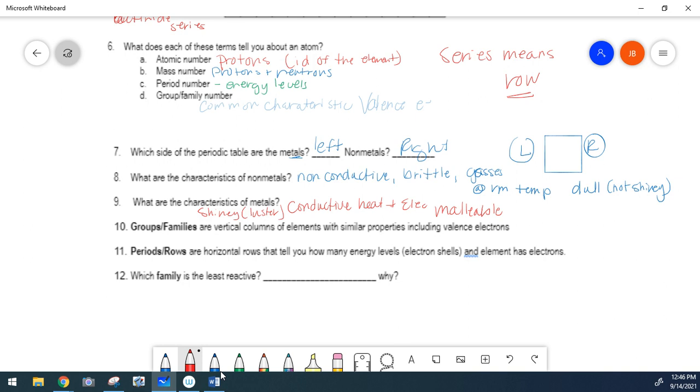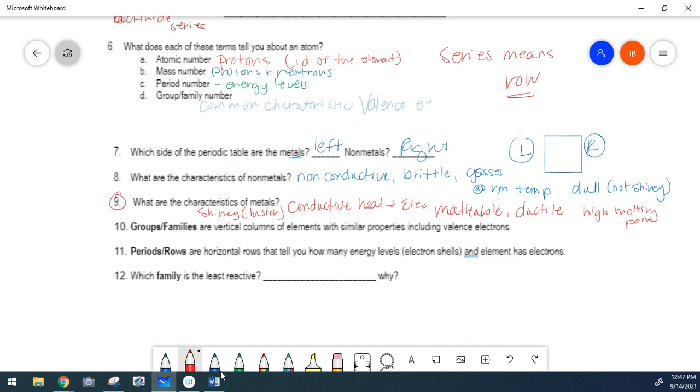Remember, they can be shaped into different things. That's why we use them for jewelry. They're ductile, which means what? Shaped into wires, right? They have high melting points. All of this is in your PowerPoint if you need to go back and look at it.